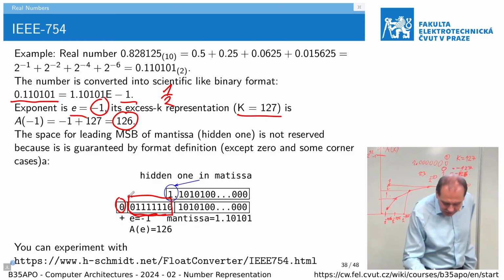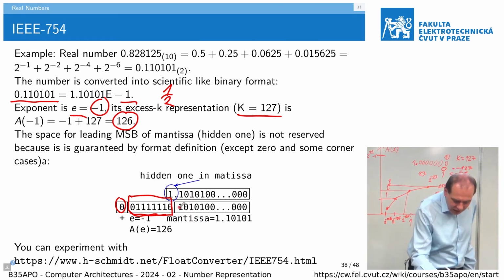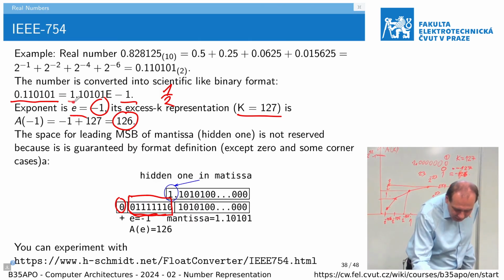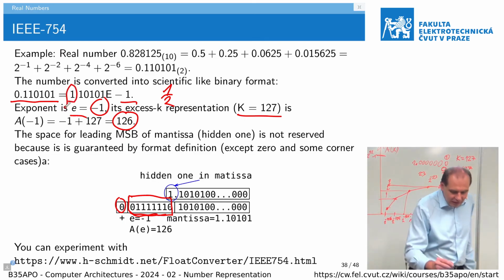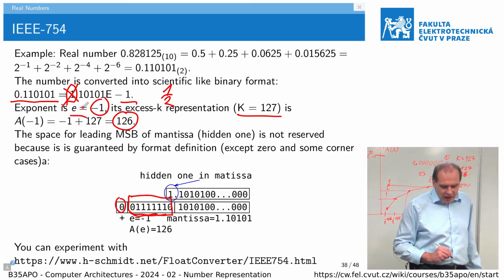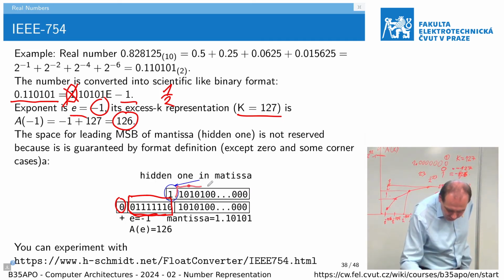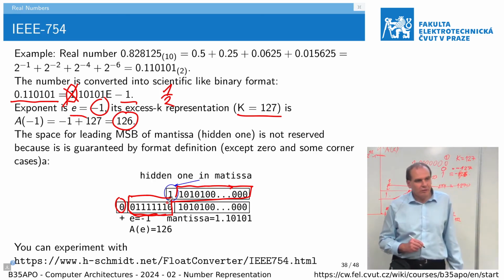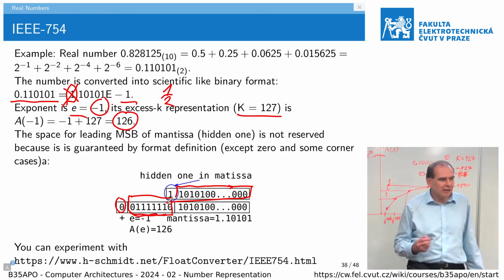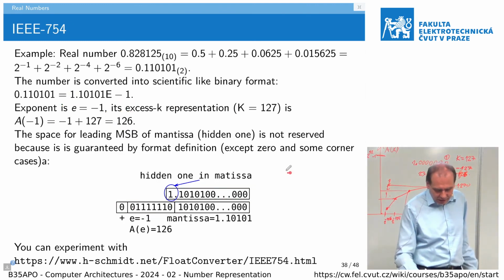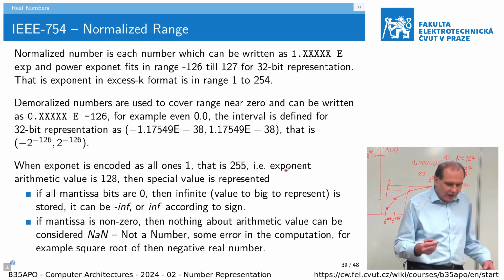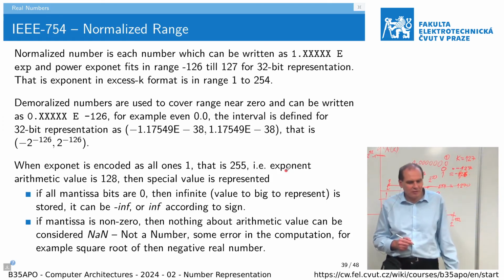Then we want to compute the mantissa, but because the leading 1 is implicit, we can hide it and write into the mantissa only the rest of the binary value. We will practice this during the seminar. And in fact, this is the start of the seminar at this moment.